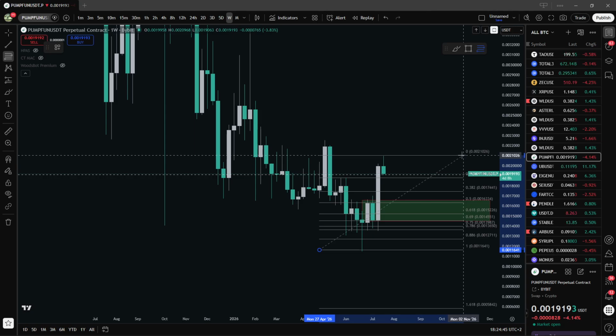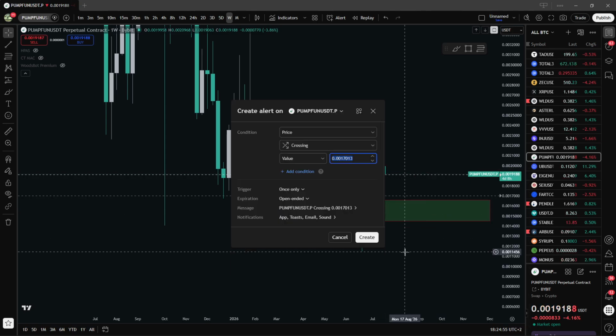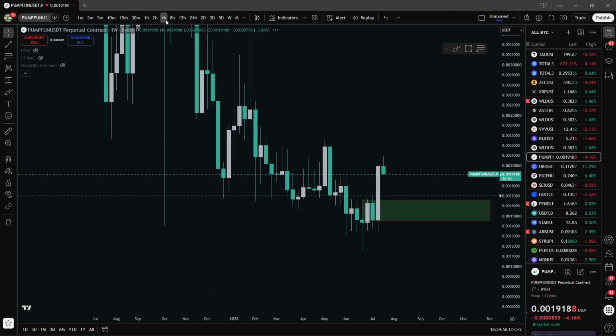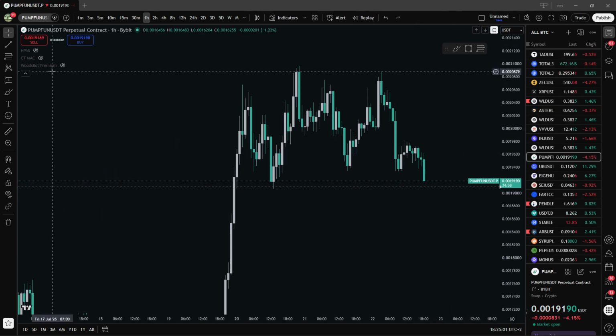Yeah, that aligns perfectly with Fibonacci as well. So this would be a really nice entry, a pullback scenario for Pump Fun if we were to get that. I'm gonna set myself alerts for this one as well. Lots of interesting setups to potentially trade.